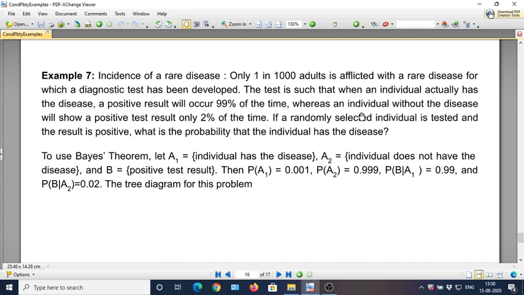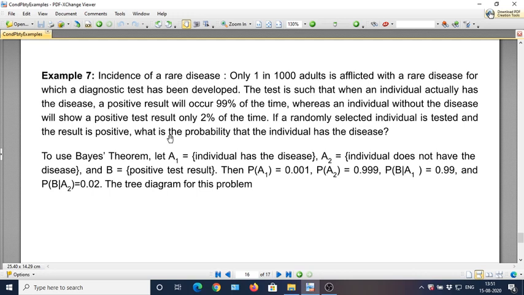Okay, so if a randomly selected individual is tested and the result is positive, we ask the question: what is the probability that the individual really has the disease? That is a posterior probability. Then the other conditional events given in the problem can be written.